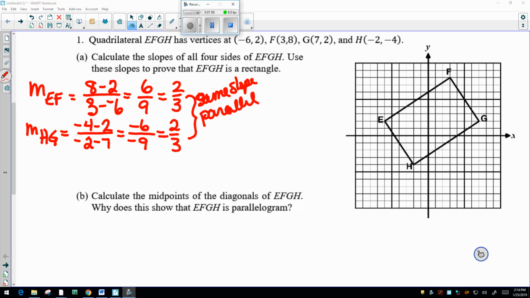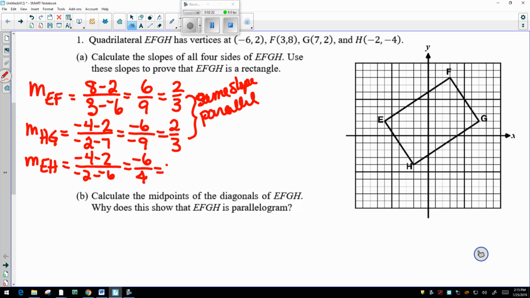So continuing on, now we want to do the slope of EH. And again, if we plug that in, we're going to have a -4 minus 2. And our denominator, we have a -2 minus a -6. So simplifying on the top, we have a -6. On the bottom, we have 4.